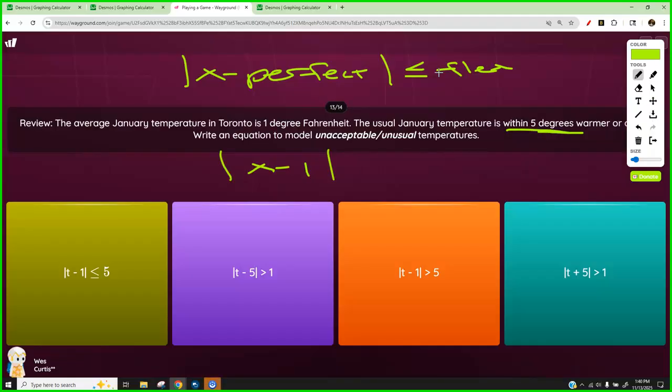That's the flexible number. And it's a normal day if we're off by less than or equal to 5. If it's off by 4 degrees or 2 degrees, that's a pretty normal day, pretty usual day. If we're off by more than 5 degrees, that would be unusual or unacceptable. So T for temperature is good as well.